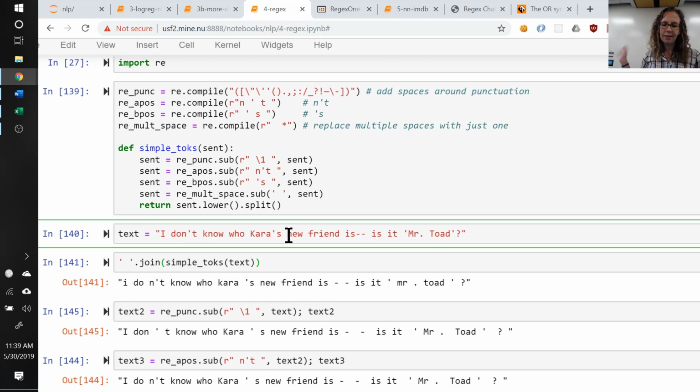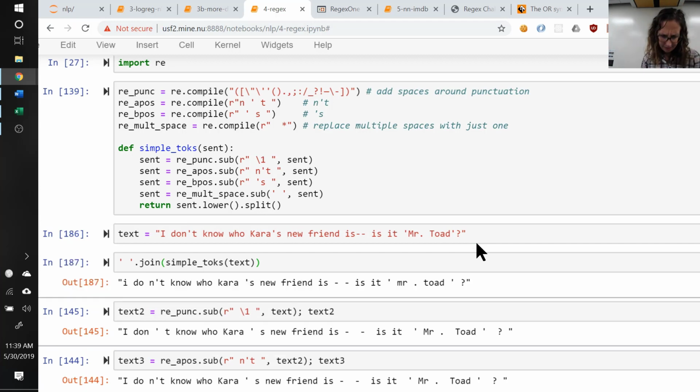I think it's probably easiest to see this on an example. Looking at, "I don't know who Kara's new friend is -- Mr. Toad?" Sorry, I was just trying to think of something that had some various apostrophe S and an apostrophe T in it and quote marks, so we could see how these things work.